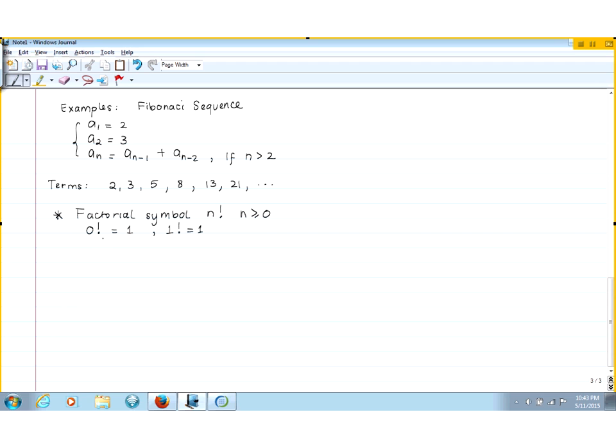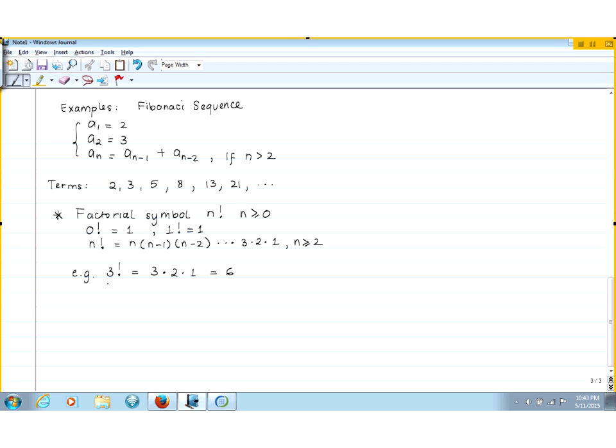And what about the others? So what is n factorial? n factorial is n times n minus 1 times n minus 2 all the way till 3 times 2 times 1. This is when n is greater than or equal to 2. For example, what is 3 factorial?